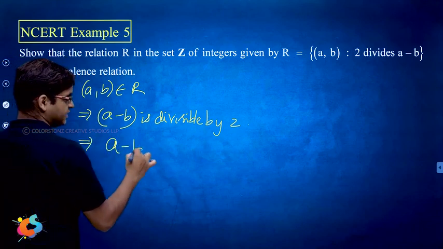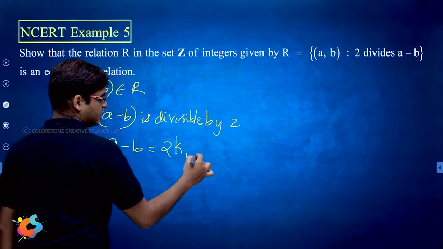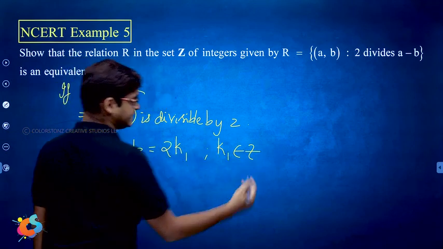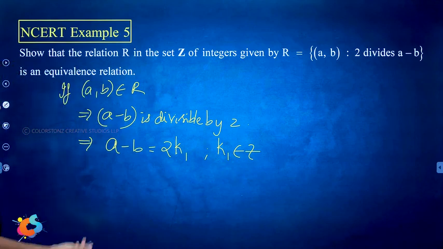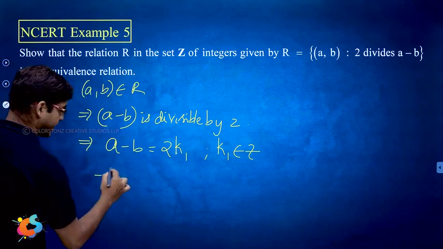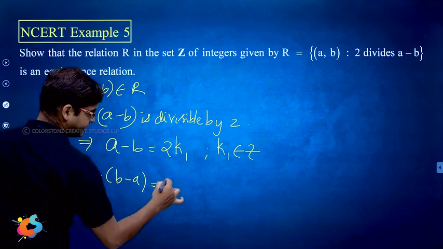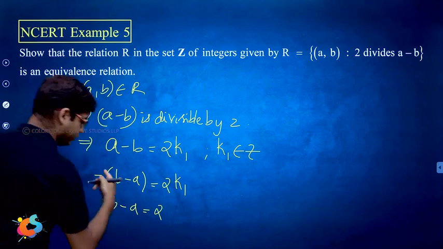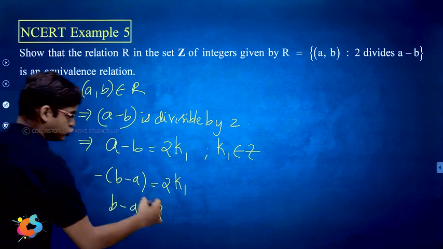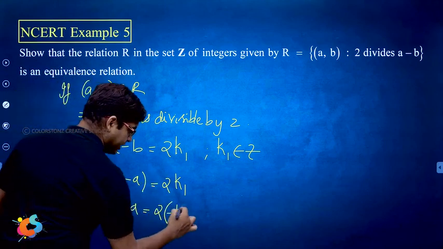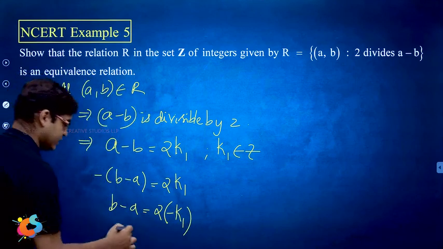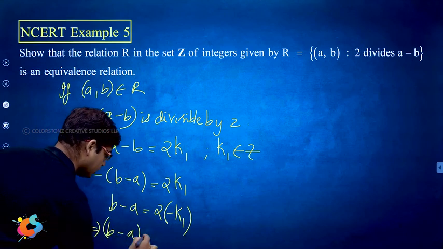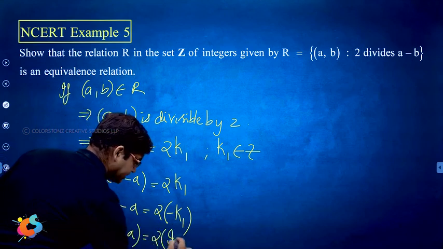Implies a minus b is equal to 2 times k1, where k1 is an integer. So from here I can write minus of b minus a is equal to 2 times k1. Sending the minus to that side, b minus a is equal to minus 2 k1. So therefore, implies b minus a is equal to 2 times an integer.